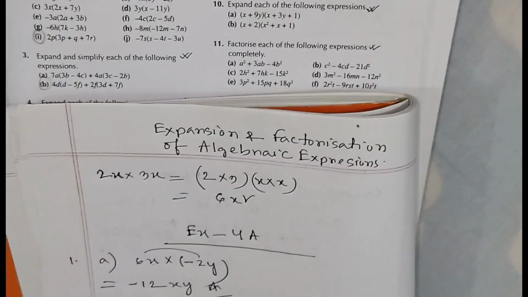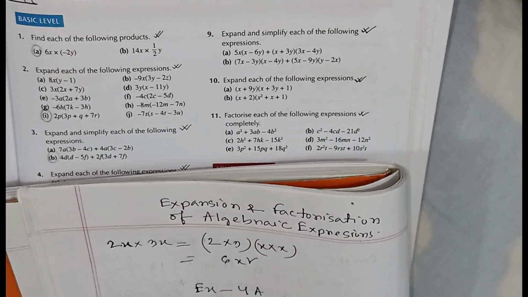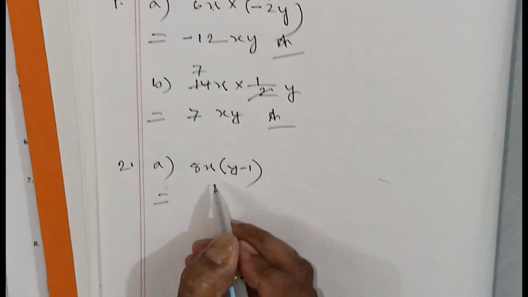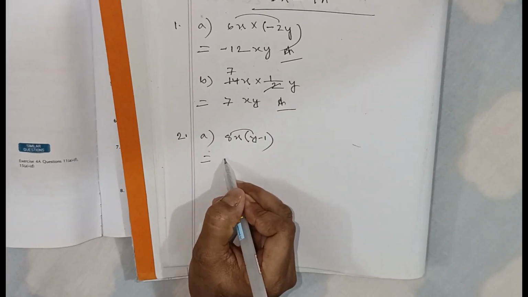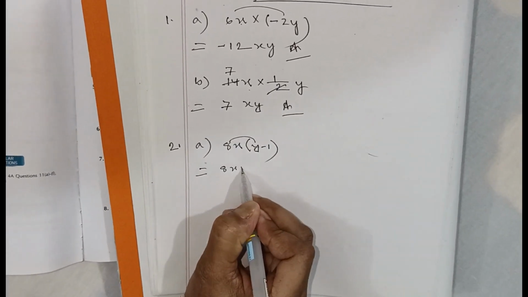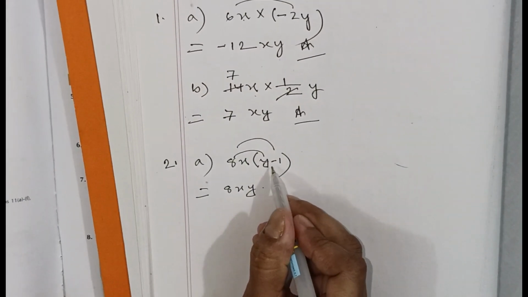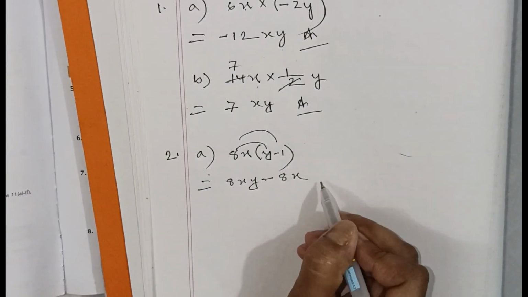Just expand. So 2a: 8x into y minus 1. So at first 8x multiply y, next 8x and minus 1, minus 8x. That's it.